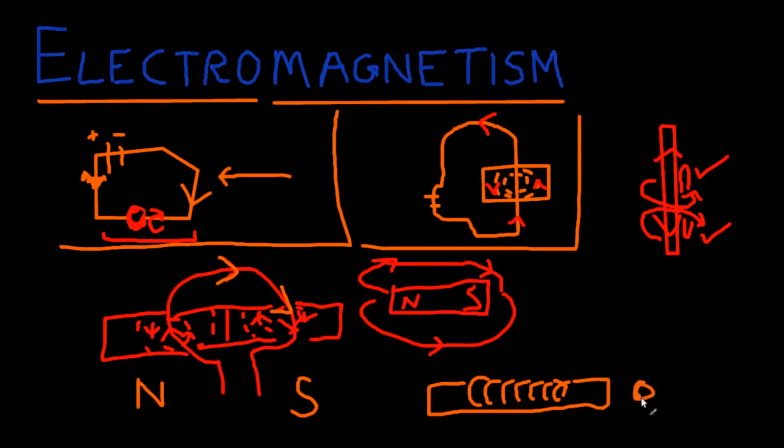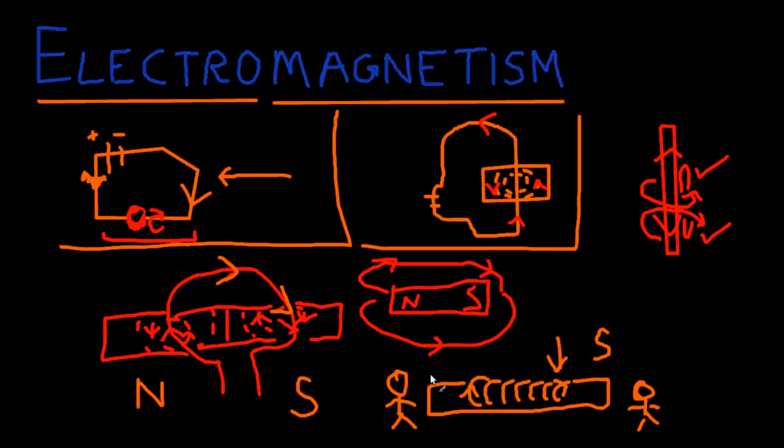From your point of view, the current is going in the clockwise direction in this wire here, so this will be the south face for you. And if you stand over here, then this face for you will be going anti-clockwise. This will be the north.